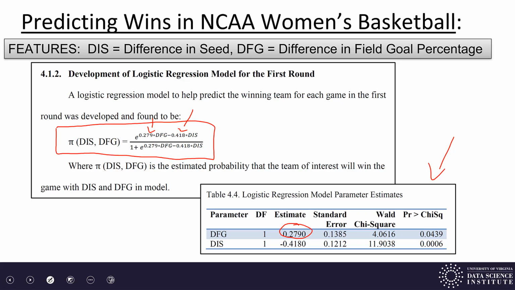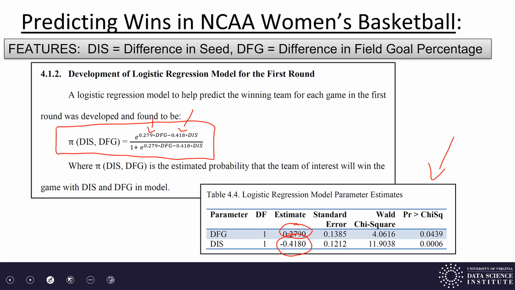The parameter estimate for the coefficient in front of DFG is positive because the higher your field goal percentage is above the other team, the more likely you are to win. And the parameter estimate for DIS, the difference in seed, is negative because the lower your seed is, the better your ranking, and the more likely you are to win.